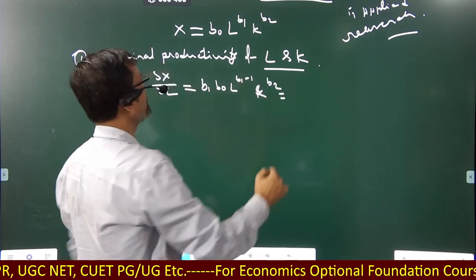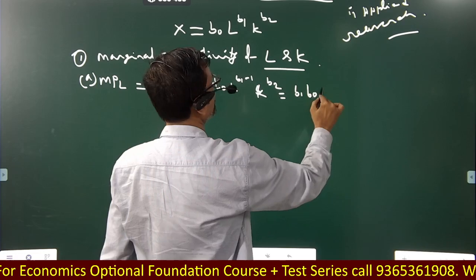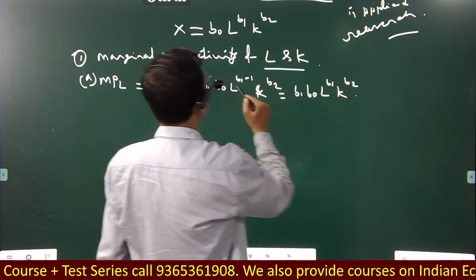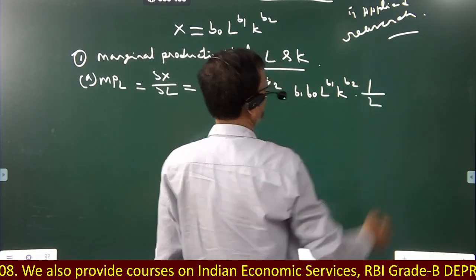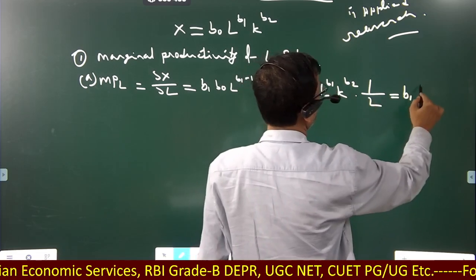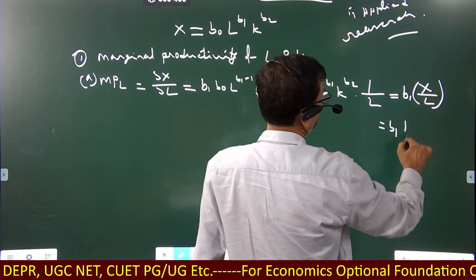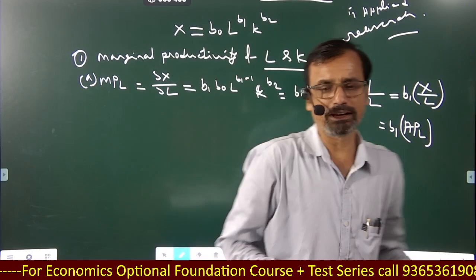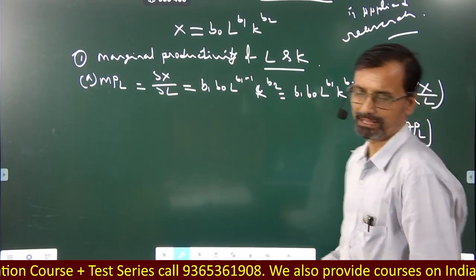So B1 times B naught L to the power B1 K to the power B2, and this L to the power minus 1 we can write as 1 by L. This portion is X by L, the average productivity of labor. So marginal productivity of labor is the constant B1 multiplied by the average productivity of labor.